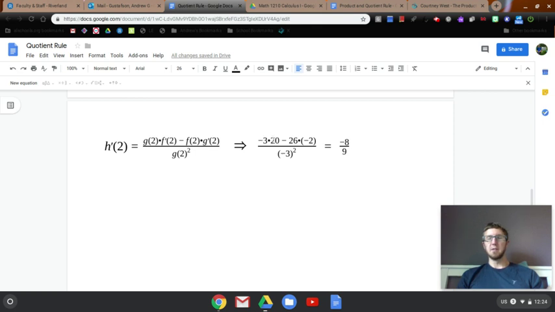Negative 3 times 20 is negative 60. 26 times negative 2 is negative 52. If you add those together, you get negative 112. Negative 3 times negative 3 is a positive 9. Be careful that negative 3 squared is not negative 9. It's negative 3 times itself, which gives us positive 9.